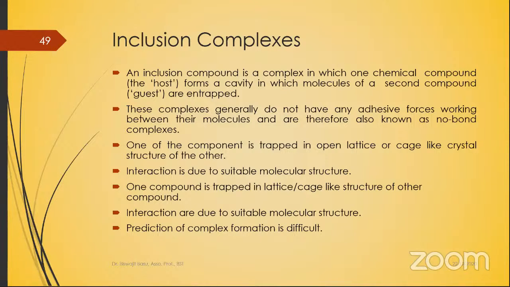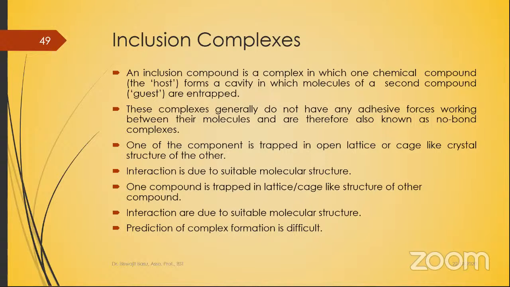One of the components is trapped in the open lattice or cage-like crystal structure of the other. The interaction between host and guest is due to suitable molecular structure, that is, the cage-like structure.